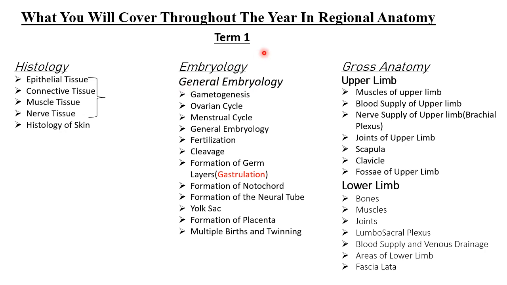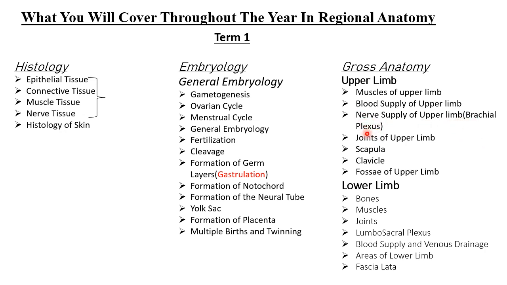So you start in term one with general embryology, where you talk of the subtopics that I've listed here, but I've left out other things. You will be further guided in class. Then you have gross anatomy. In term one, you will look at the upper limb and lower limb, such as muscles of the upper limb, blood supply, and nerve supply, which is simply the brachial plexus.